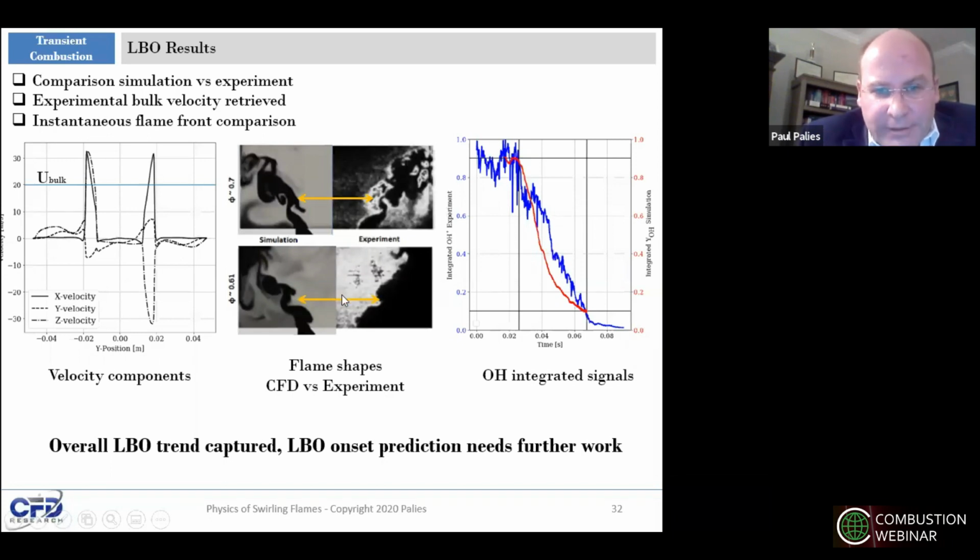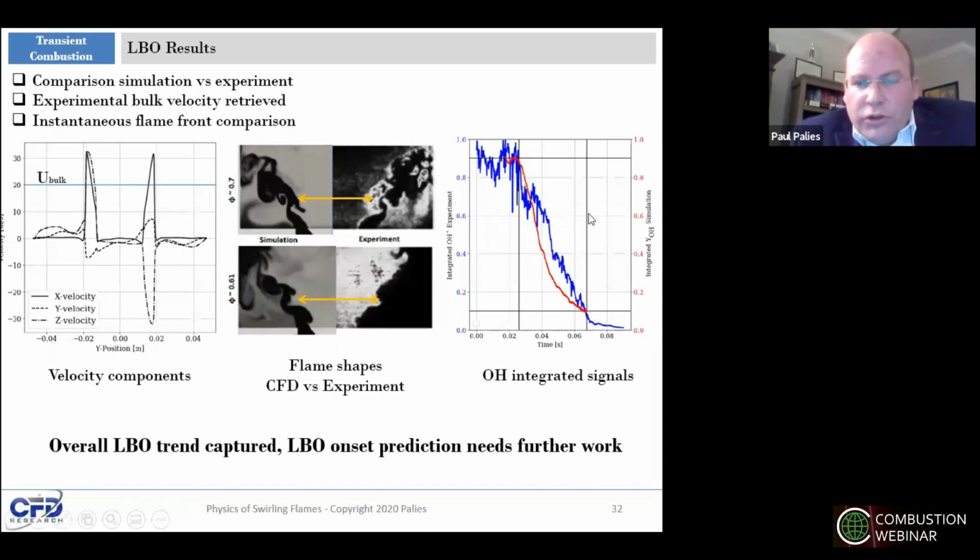At 0.61, the structure of the flame is again captured, and you see a key difference in the corner recirculation zone. I attribute this difference to the fact that the experiment captures OH star while the simulation captures OH. That's why there is this key difference.